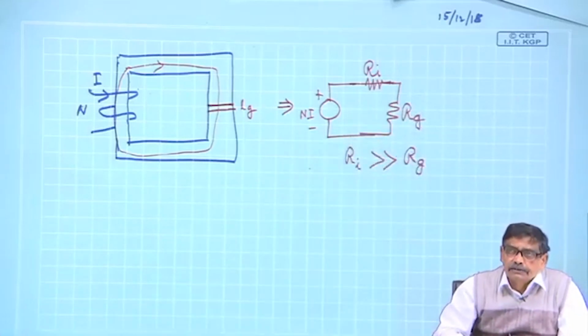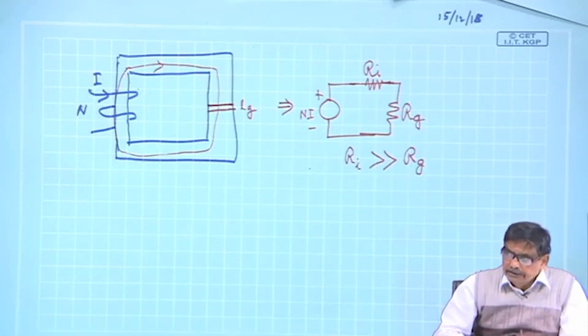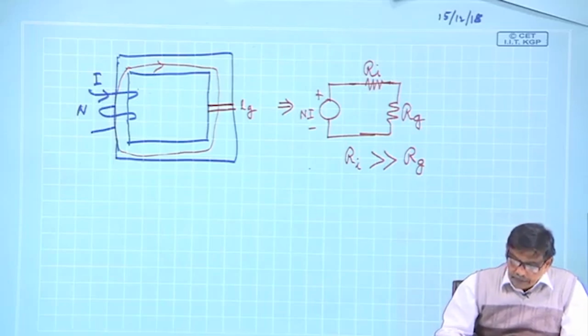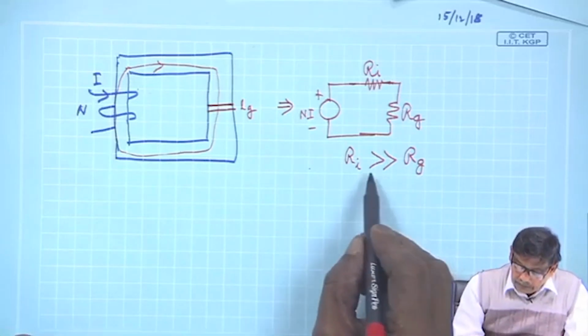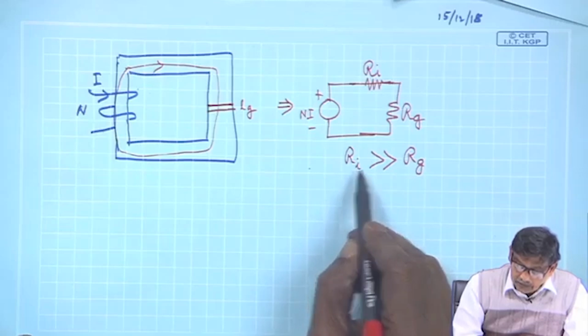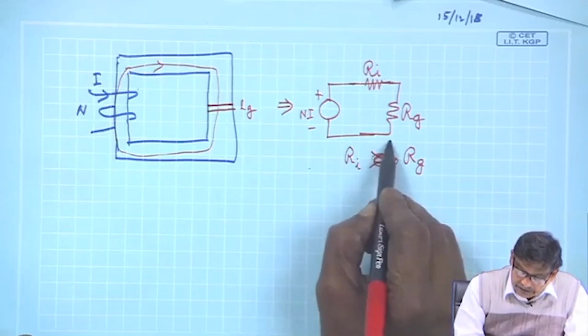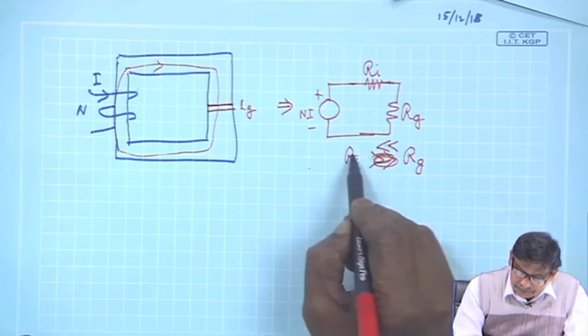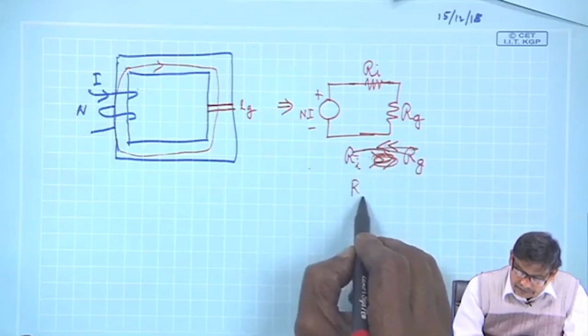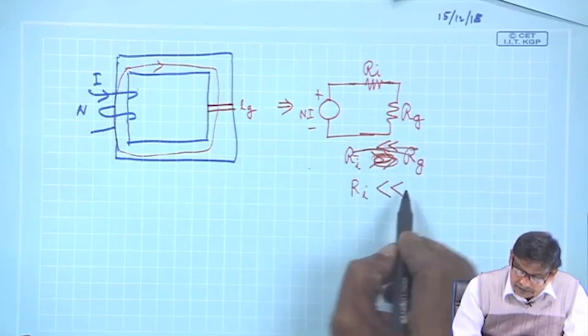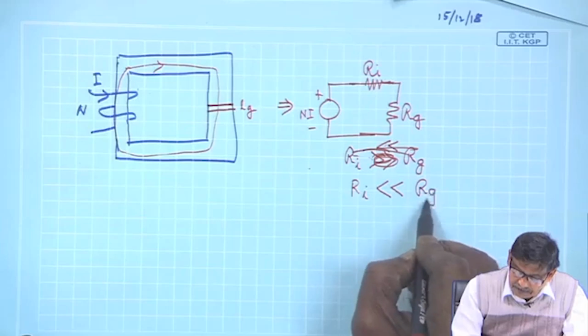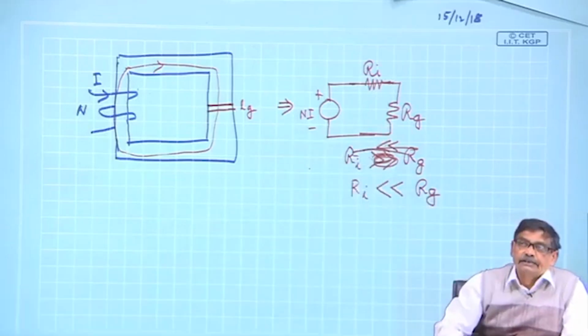You can assume that of the two reluctances, the reluctance of iron is very small, smaller than the gap. The gap reluctance is very high.